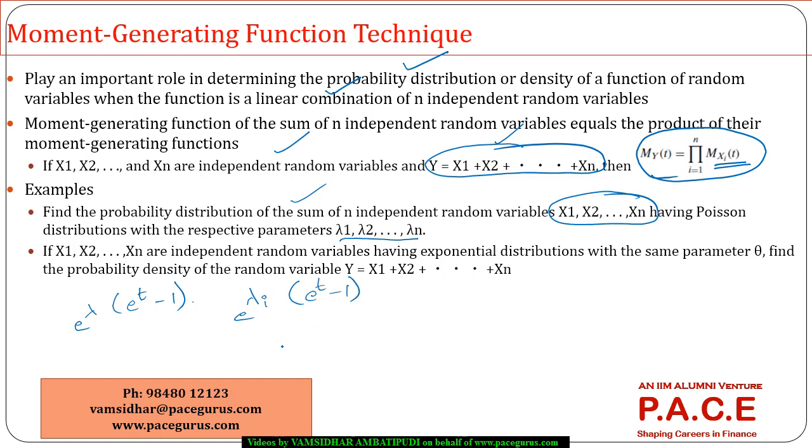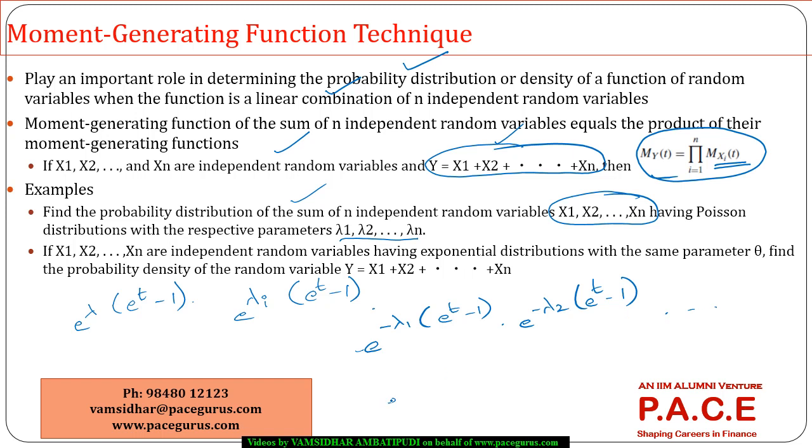Now I want it for y equal to x1 plus x2 plus x3 and so on up to xn. So I will simply take the product of the moment generating functions of all the xi's. This becomes e to the power of lambda 1 (e to the power of t minus 1), e to the power of lambda 2 (e to the power of t minus 1), and so on.